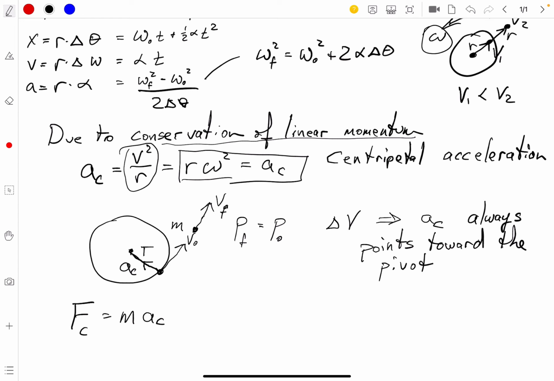Well, that equals our m r omega squared. Simple as that. If you happen to have a known r correlated with a known v, you could rewrite it as m v squared over r. You could do that.